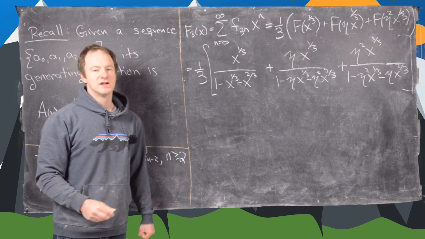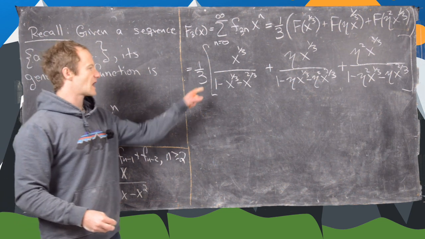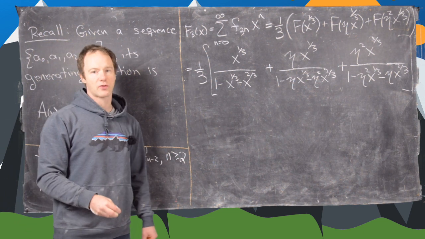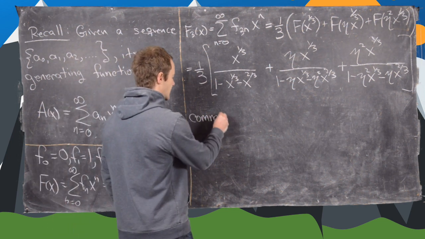Great. So now the next thing that we need to do is find a common denominator, and the common denominator will be just the product of all of these denominators. So let's calculate that real quick.